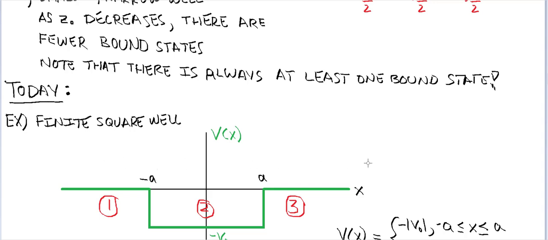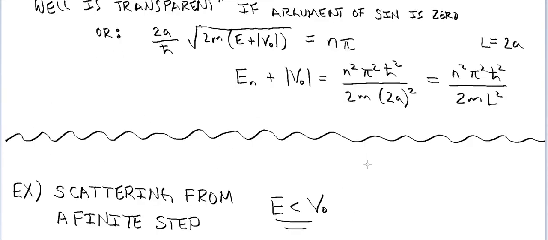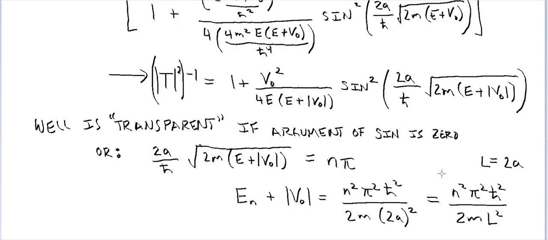All of it passes straight through. The other interesting thing here is that note that these are the same energies that we saw for our square well, right? So there's some interesting thing that's going on here.